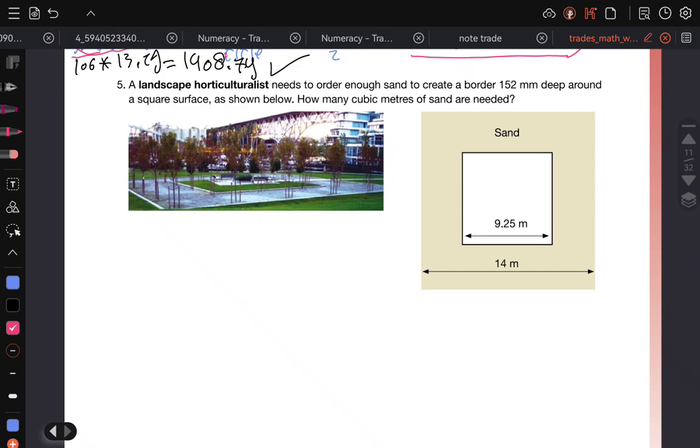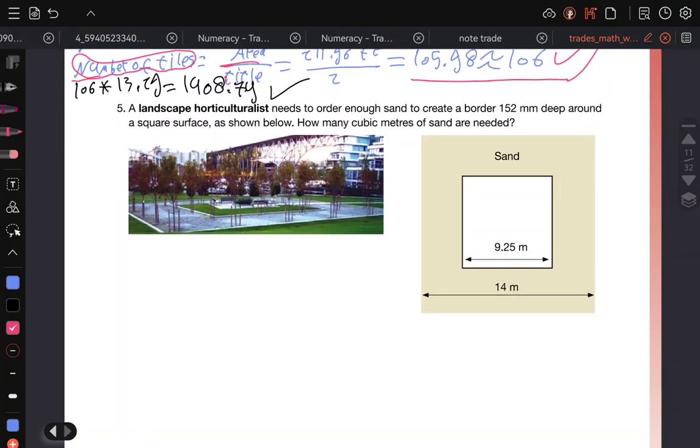From this question, first stop the video and read the question, or do whatever you want. Basically, we need to order sand for a border around a square surface.